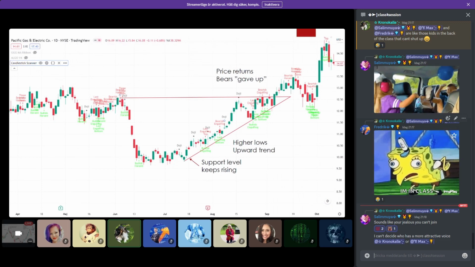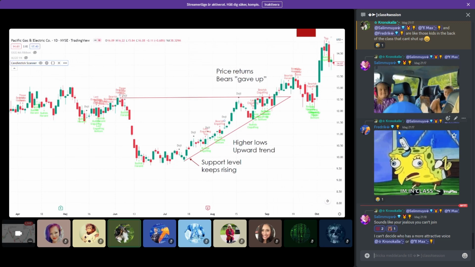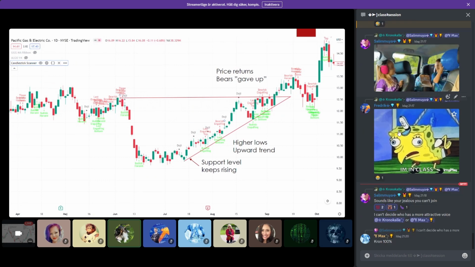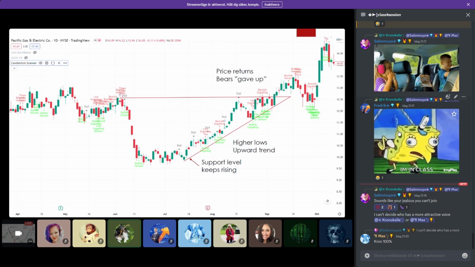Here we have Pacific Gas on the 1-day chart. This was spotted by a guy in another group, so I can't take credit for this one. And we see that the support level down there keeps rising.